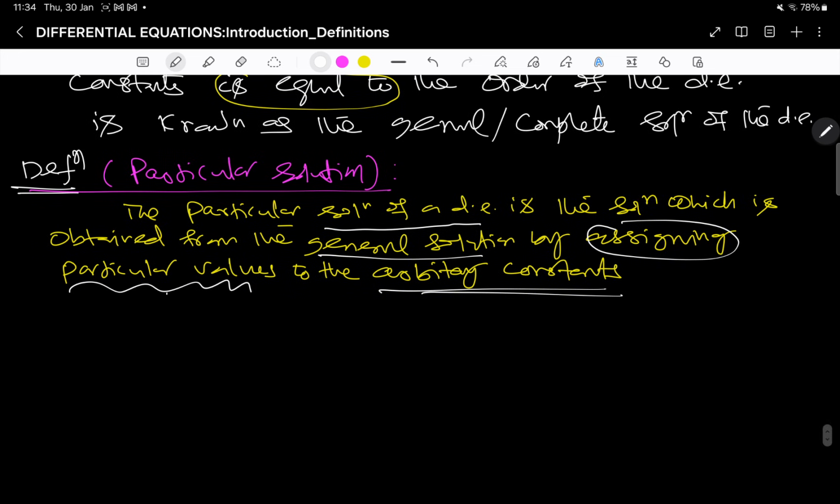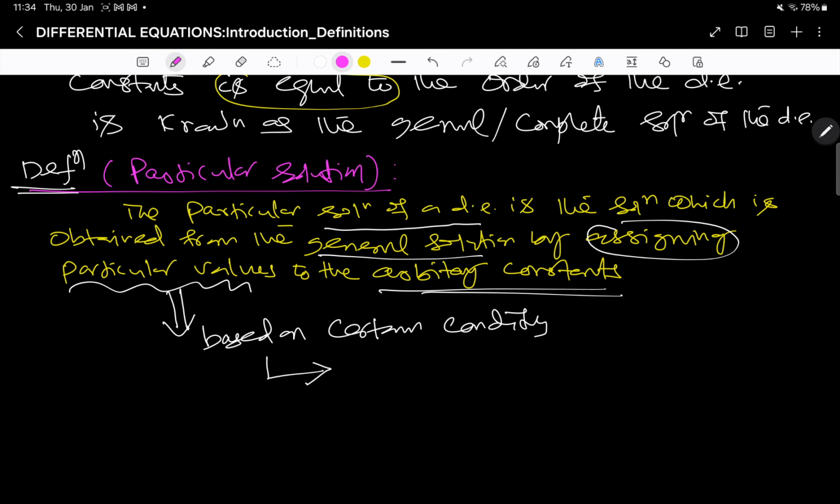So how can these particular values be assigned? Based on certain conditions. These conditions may be initial conditions or boundary conditions, and they lead to the IVP or BVP.